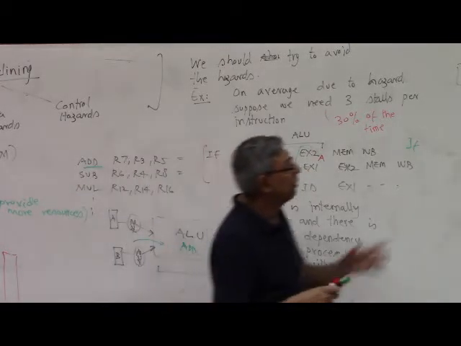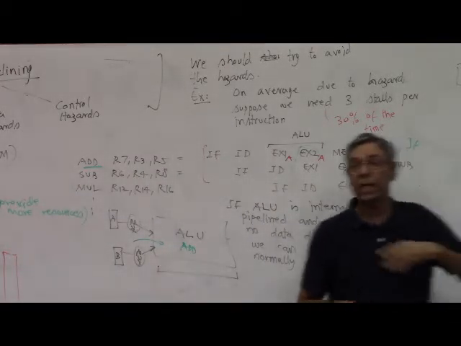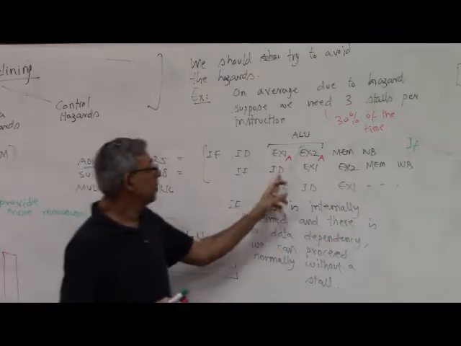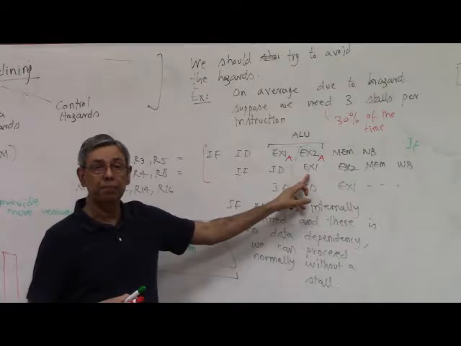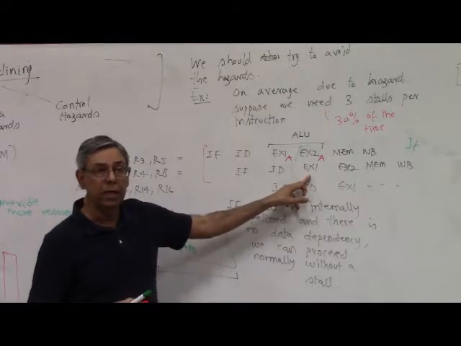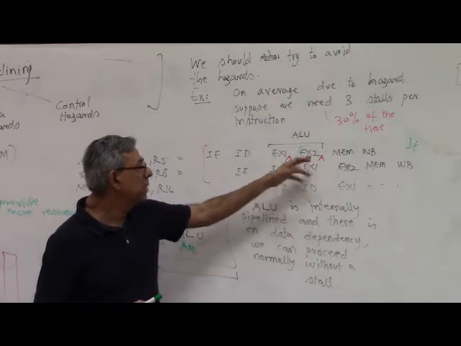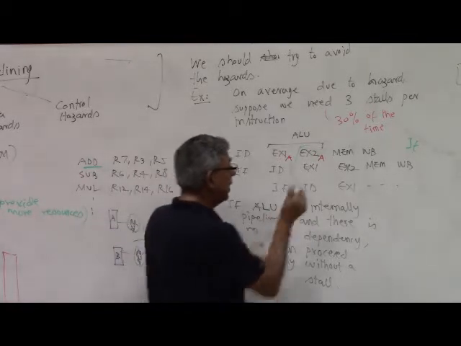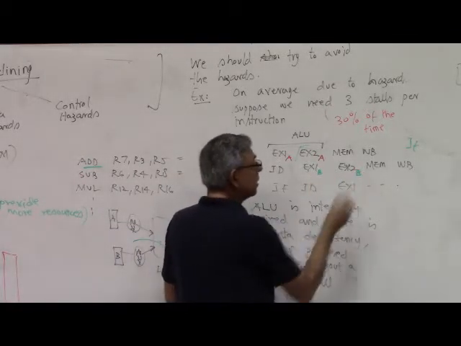That means if one instruction is not done with the ALU, the second instruction cannot use it, right? So which one should we use over here? The A or the B? B, right? Because A is not done yet. So we know this should be B and this should be B.